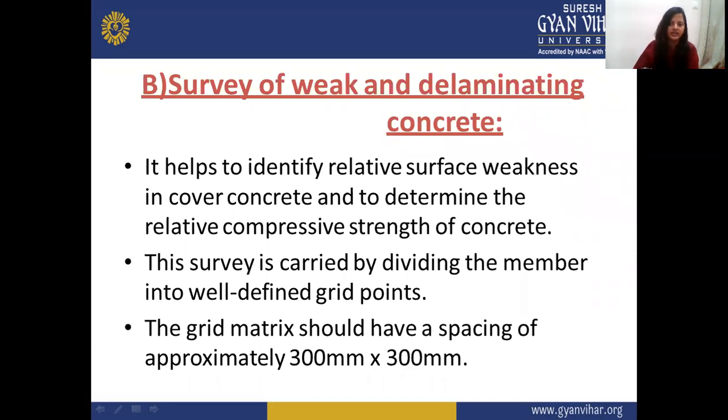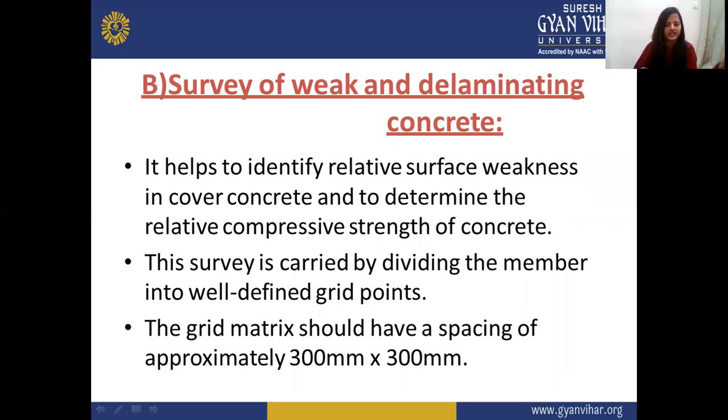Survey of weak and delaminating concrete. So delaminating is nothing but totally damaged and useless concrete, which is either in its plastic state or was never hardened properly, or it has undergone a certain deterioration, which has broken the bond between the cement and aggregates.